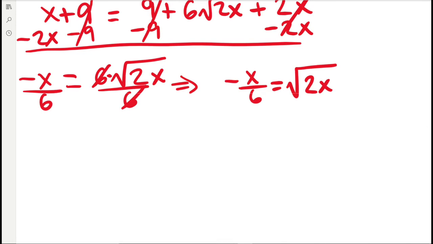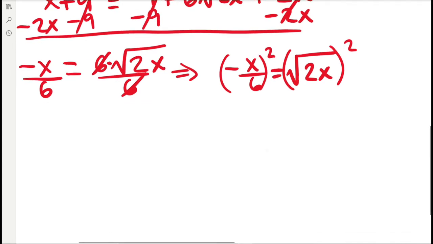Now let's go ahead and get rid of the radical once and for all. Square both sides. So we have, remember, a negative squared is a positive. So we have x squared. Don't forget to distribute here and here. So we've got to do 6 squared, one of the exponent properties that we touched upon in the beginning of this unit.